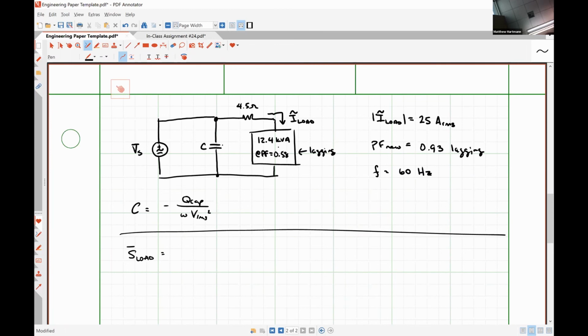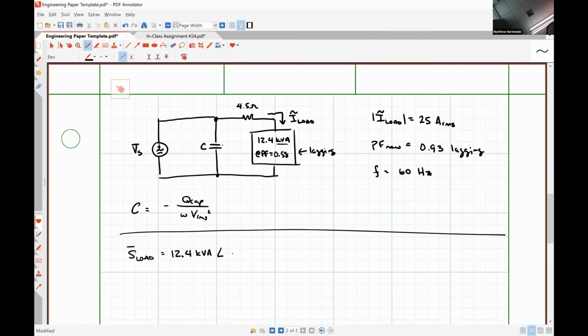So because we have units of volt amperes here, we do not need to divide by the power factor. Right? We've been told what the magnitude of the complex power is. So it's critically important that we pay attention to these units. So we're going to have 12.4 kVA.